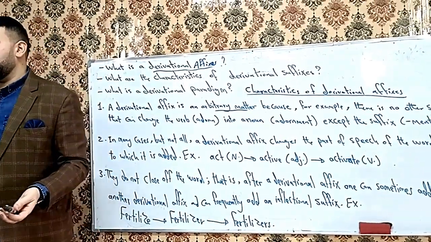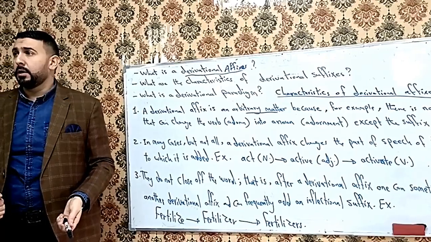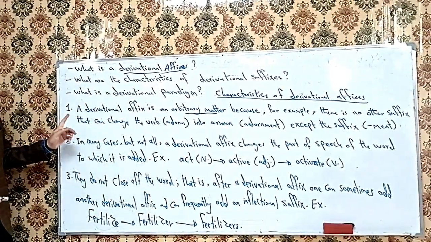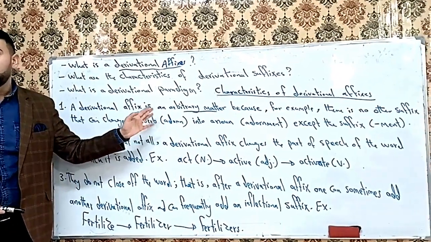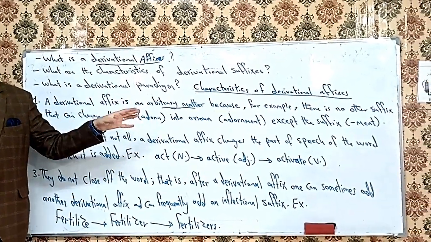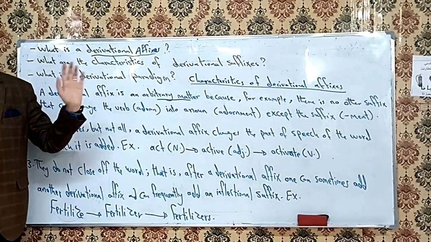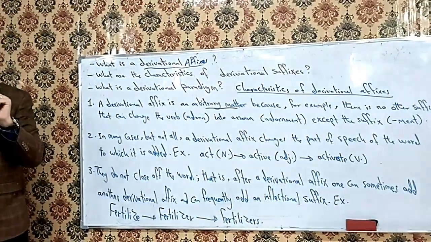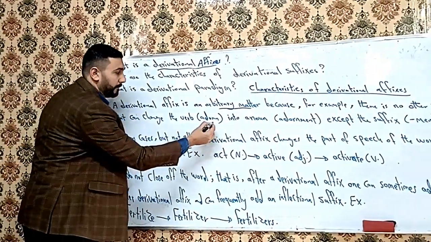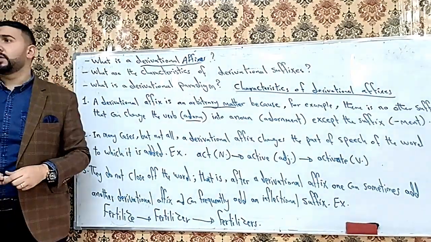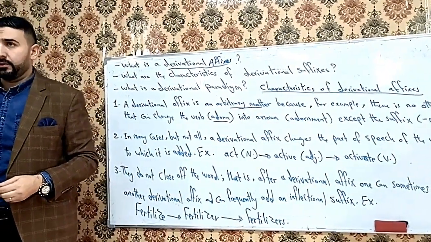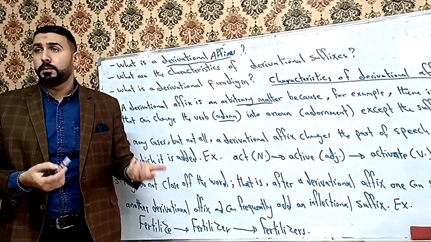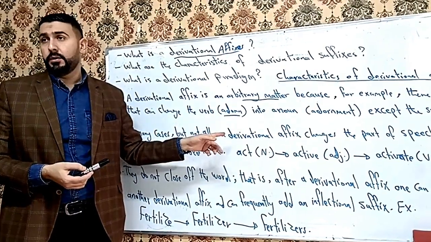Why is it an arbitrary matter? ليش هو مسألة اعتباطية؟ Because, for example, there is no other suffix that can change the verb adorn into the noun adornment except the suffix ment. يعني هنا نعطيكم مثال واحد حتى أوضح لكم الفكرة. هنا عندنا الفعل adorn، معناتها يزين أو يجمل. واضح؟ لما أريد أحوله إلى اسم، يعني هنا adorn فعل verb.